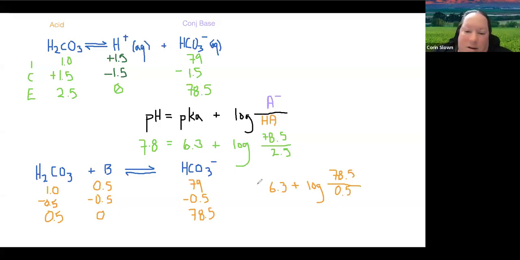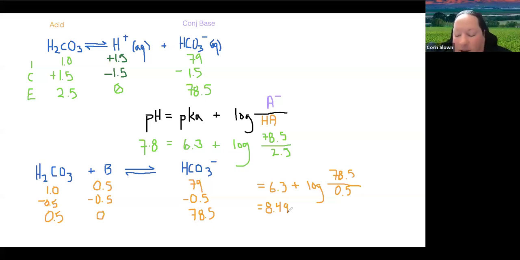So if we do that calculation, we're going to see, so we get 2.19 plus 6.3, so 8.49. So our pH increases, which is what we would expect to see.